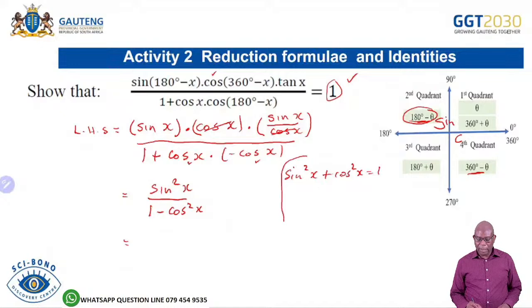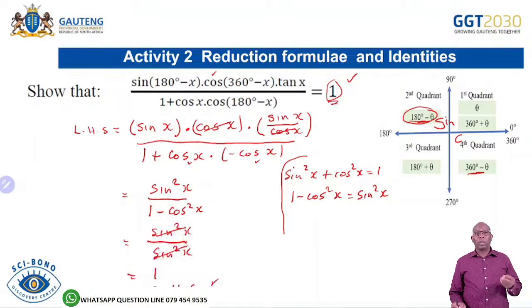So which means I can then say 1 minus cos squared of x will give me sine squared of x. So the sine squared of x on top there, I can change 1 minus cos squared x to be sine squared of x. Then that will cancel out. The answer is 1 and is the same as the right-hand side. Okay, and that's what we're looking for.